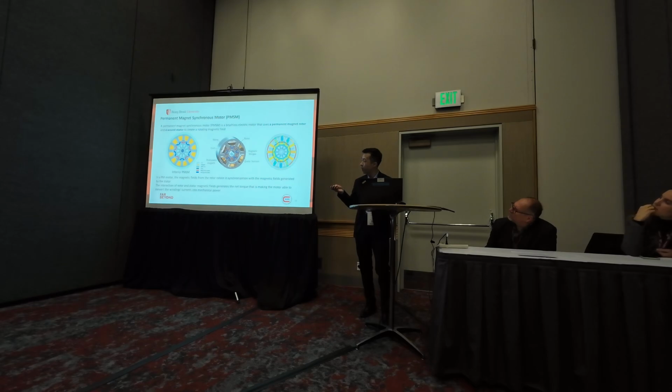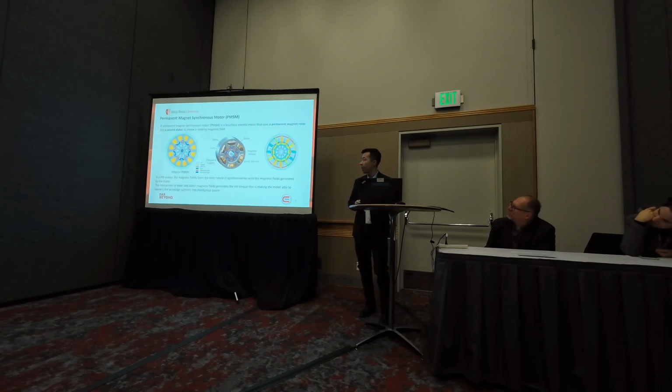The yellow part is the coil windings, the blue and red parts are the permanent magnets, the light gray part is the soft iron, and the light blue part is air. In a PM motor, the magnetic field from the rotor rotates synchronously with the magnetic field generated by the stator. That's why I call it a synchronous motor.